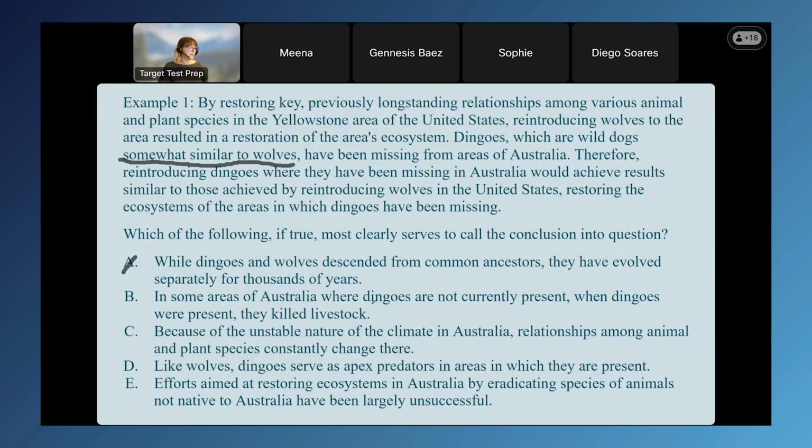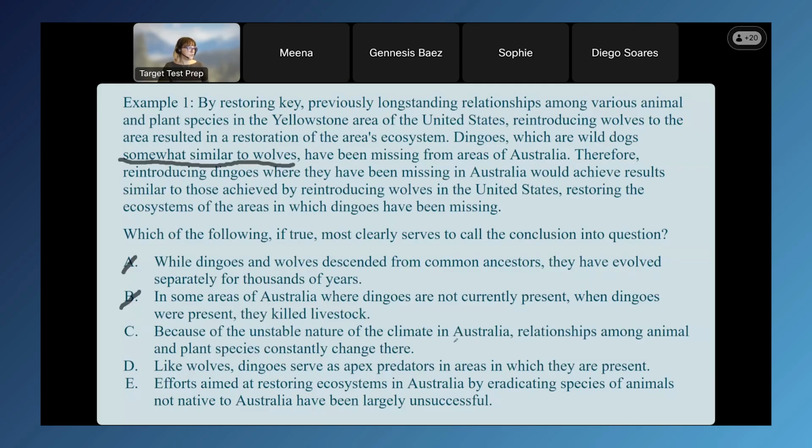They could still eat livestock, which would be bad for the owners of the livestock, ostensibly, but that doesn't mean that their presence couldn't restore the ecosystem to these areas of Australia. So this one is talking about a problem that is a little bit different than the conclusion that we are talking about. This might be worse from the farmers' perspective, but it doesn't weaken our conclusion about whether or not the dingoes could restore the ecosystems in Australia that they have been missing from.